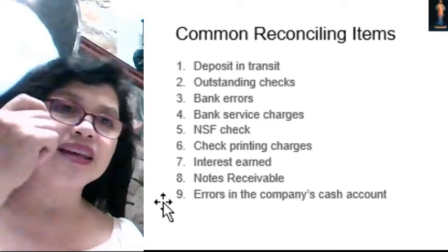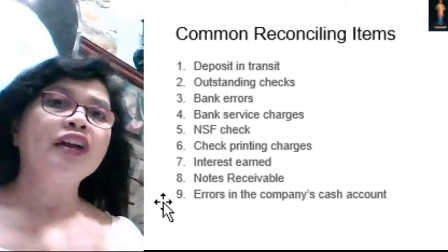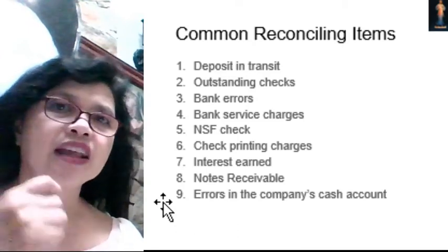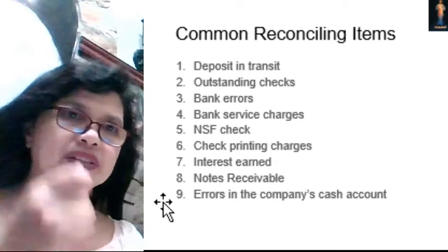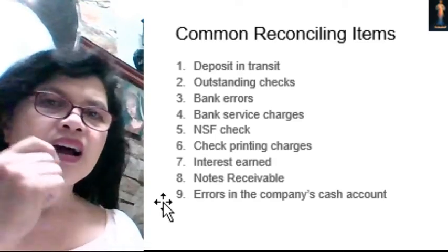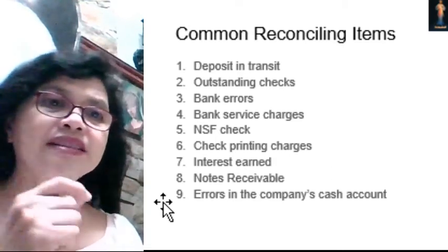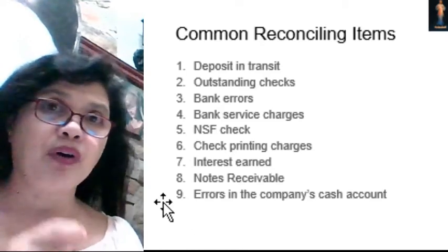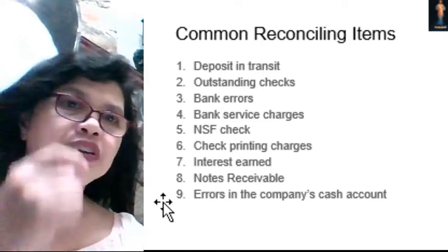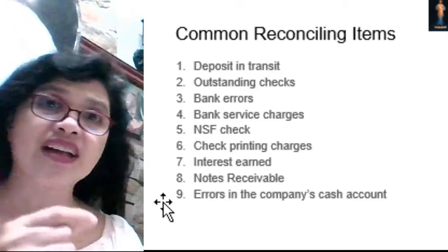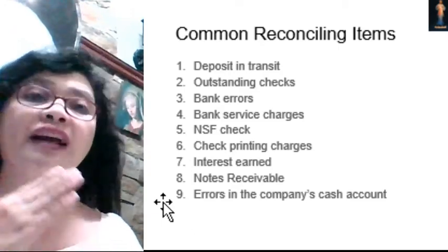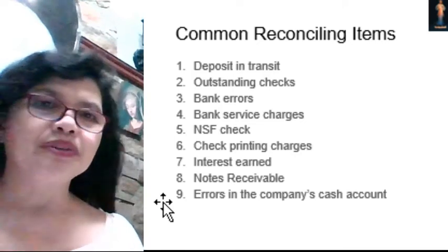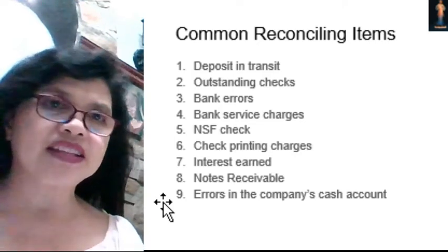It so happened that banks operate on a cut-off basis. They may accept your deposits, but deposits are recorded only until 3 o'clock p.m. So that means your deposit was not yet recorded by the bank because of the cut-off time. So that is what you call a deposit in transit.